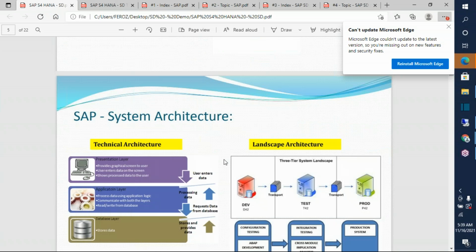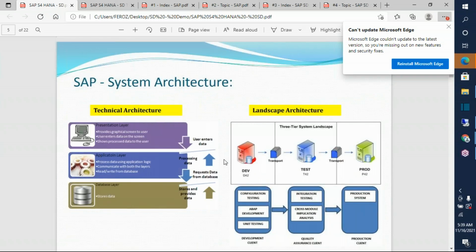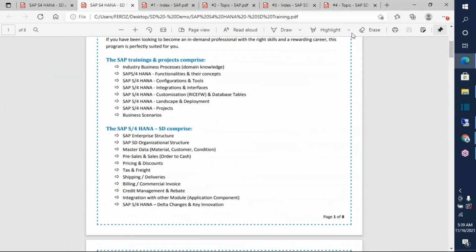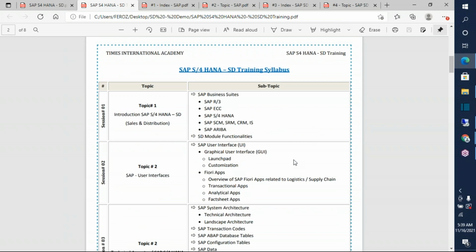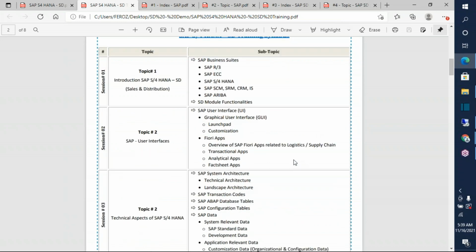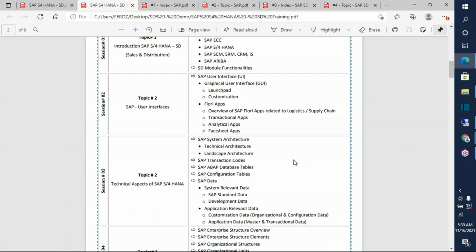So we will be starting our training with some technical aspects of SAP. If we look at the syllabus part, first we will be discussing the introduction, and then user interfaces. In SAP S4HANA, we have two user interfaces.